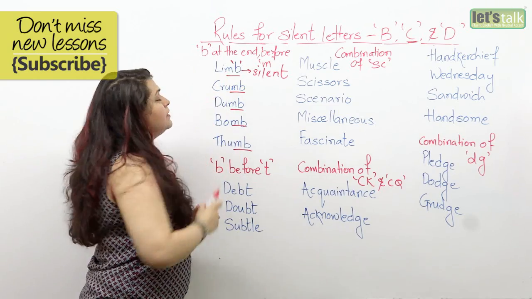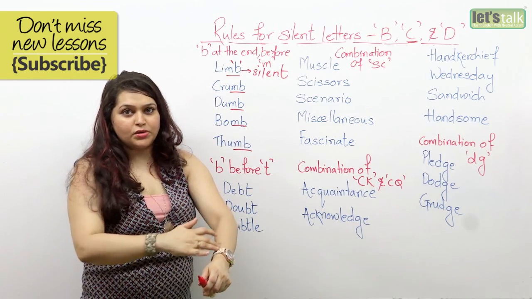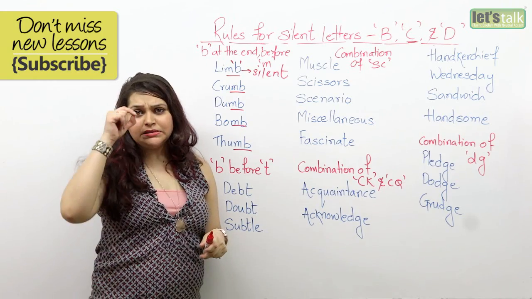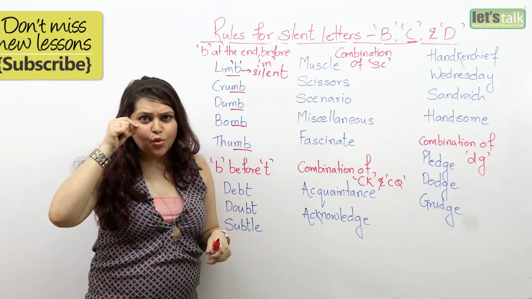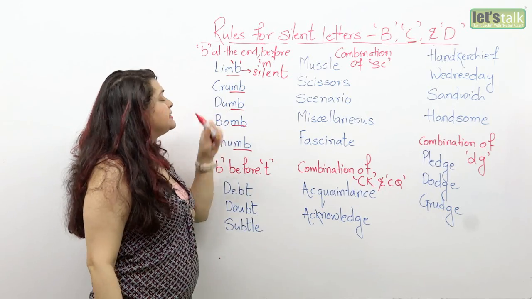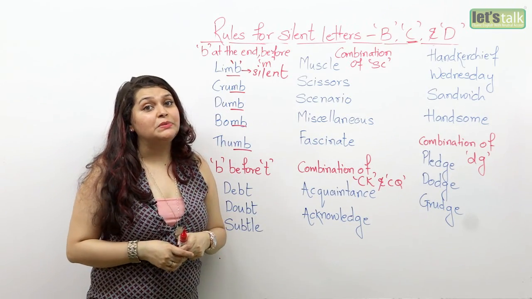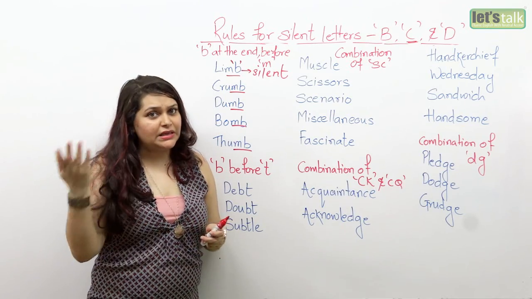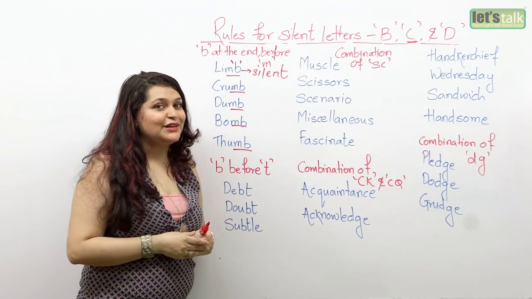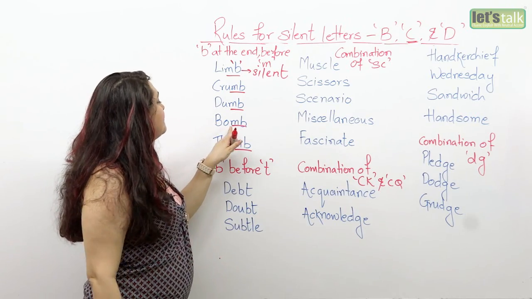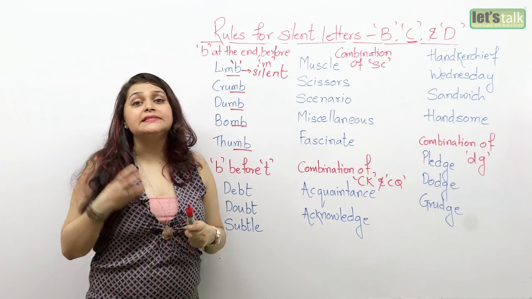Now, limb means a limb of your body. It could be your hand or leg. Crumb means a small tiny piece of biscuit or bread, the tiniest little particle. Dumb is used when you have to refer to people who are not very intelligent, and I'll definitely not use that word to describe you. Bomb is actually an explosive.